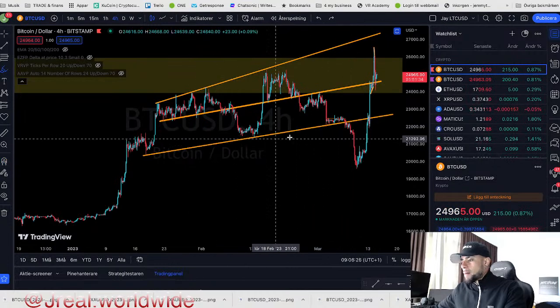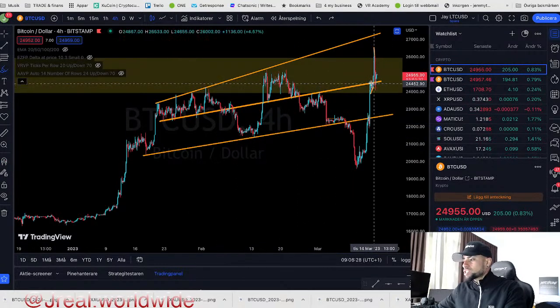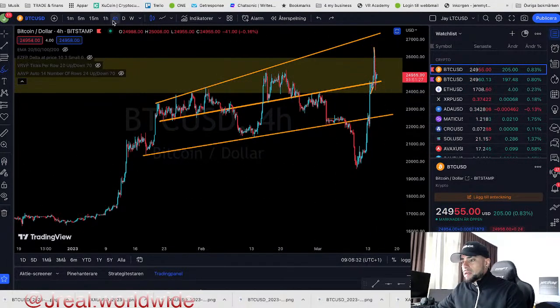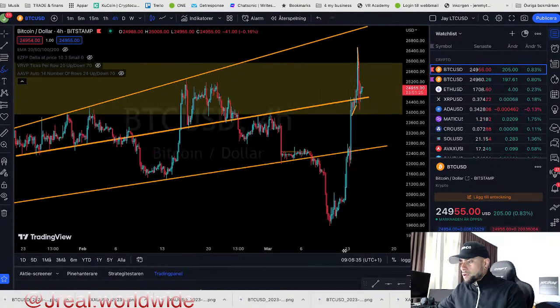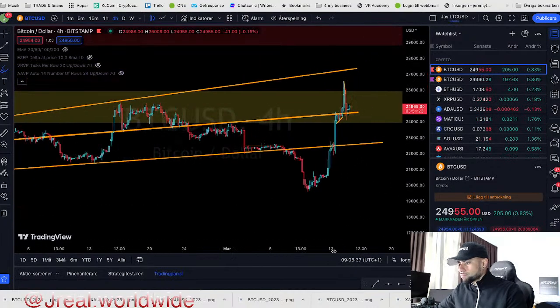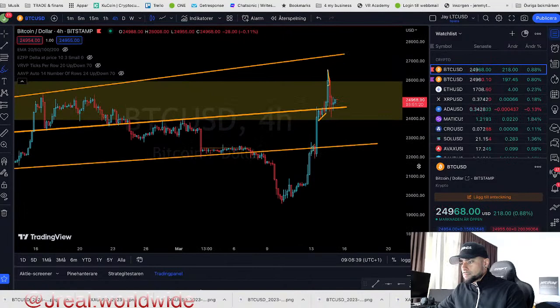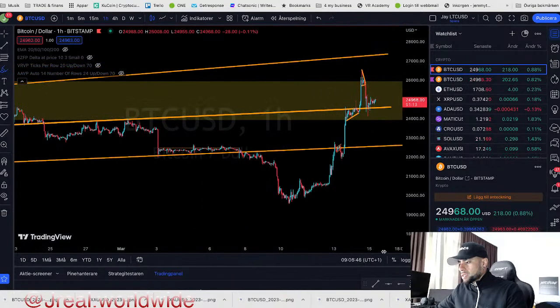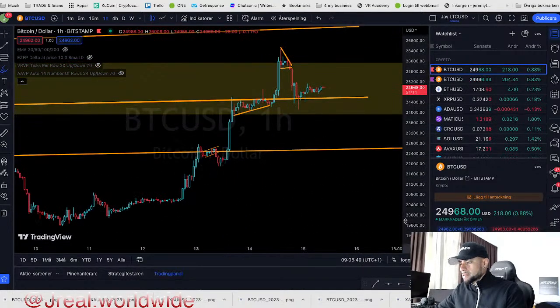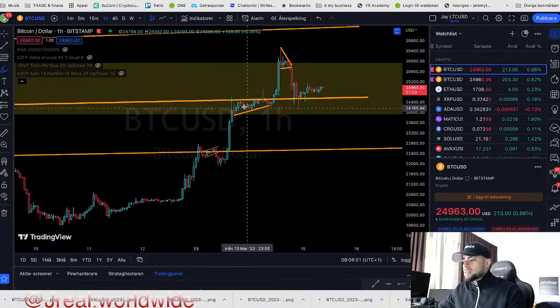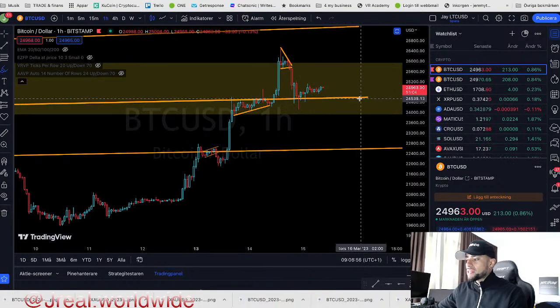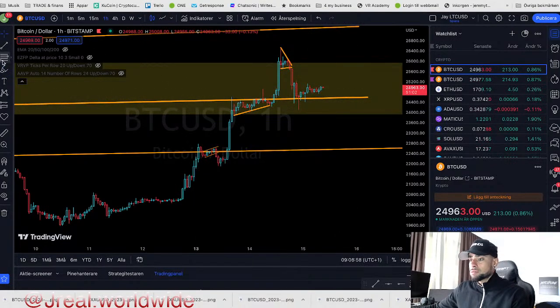But we didn't only come back into the big channel. We also came back to the smaller channel inside the big channel, and this is what we're going to zoom into now. So looking at that, we came up beautifully underneath, as you guys see, and respected this resistance line, basically the trend line of the smaller channel inside the big channel.